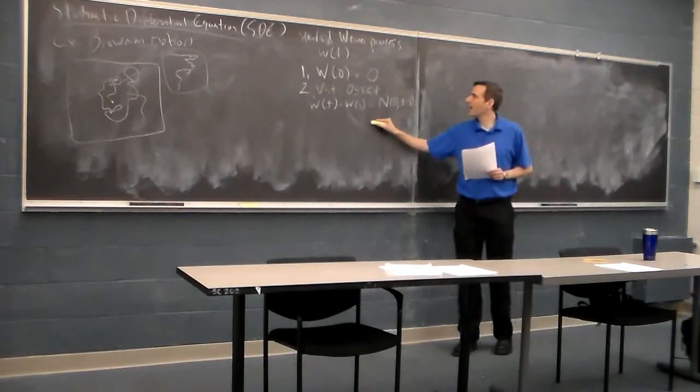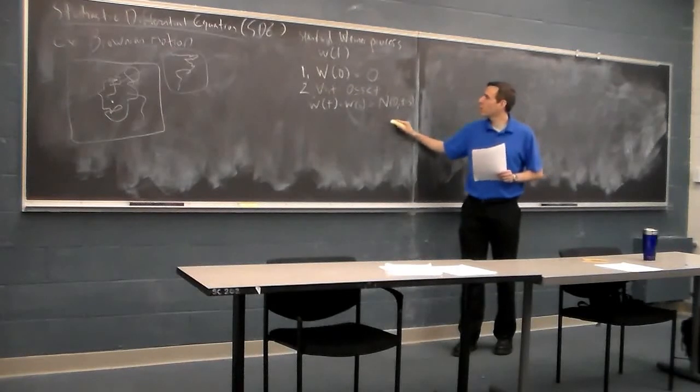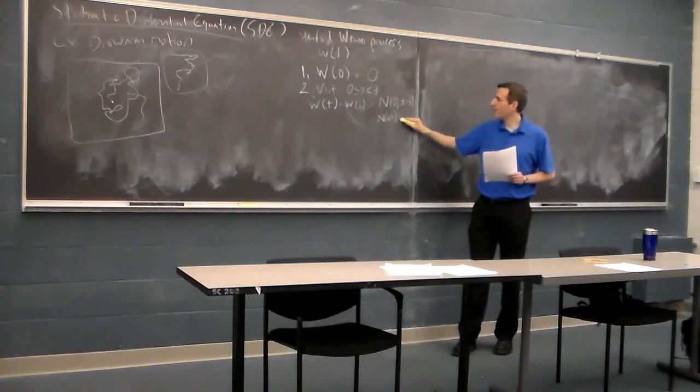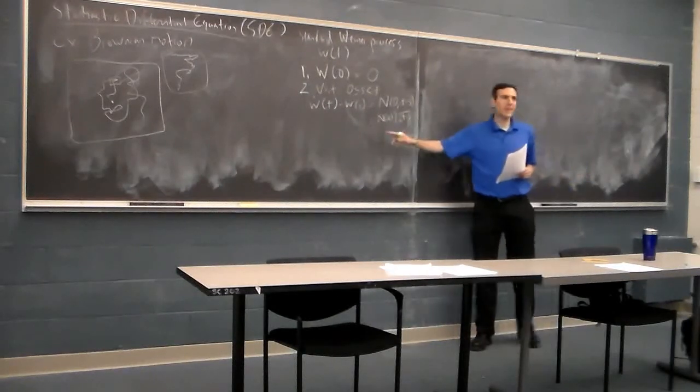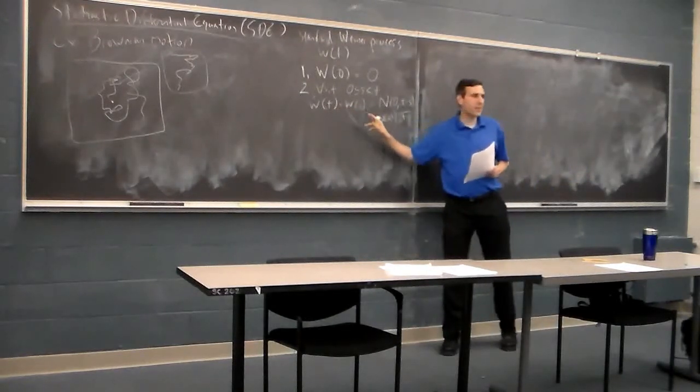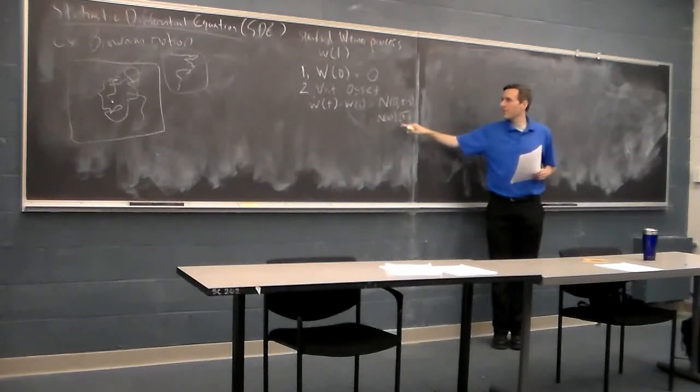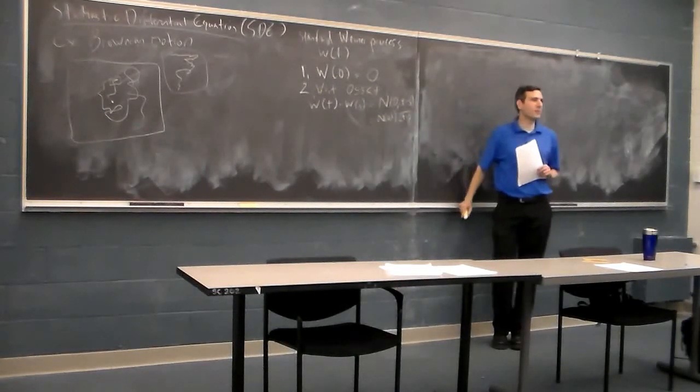That's equivalent to saying that this is equal to a normal 0, 1 random variable times its standard deviation, which is the square root of the variance, the square root of t minus s. So in any time t minus s, the particle moves a distance that is the square root of t minus s times the unit normal random variable. Does that make sense to everyone?